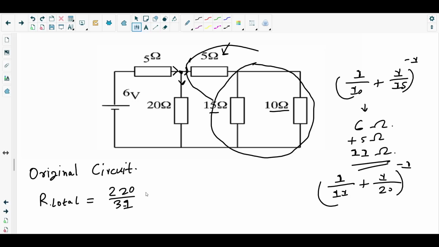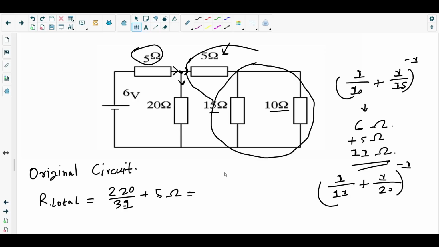That gives 220/31 plus 5, which is 375 over 31 ohm. That's the total resistance. From there we can find out the total current.